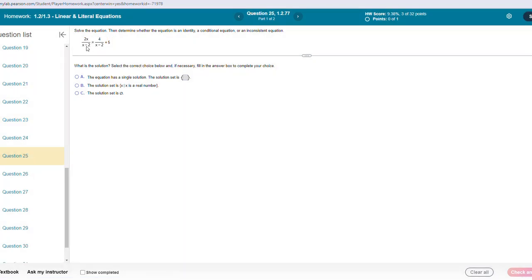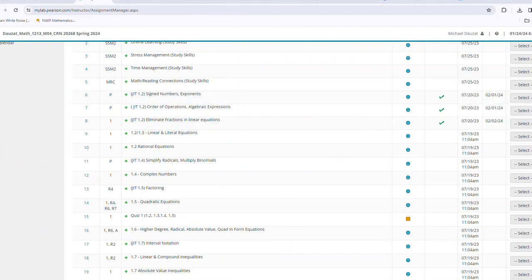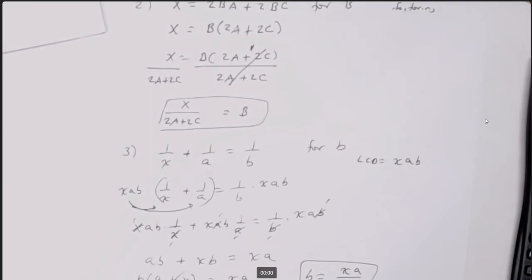So let's look at that for a moment. That may help you with this. This is part of section 1.2.